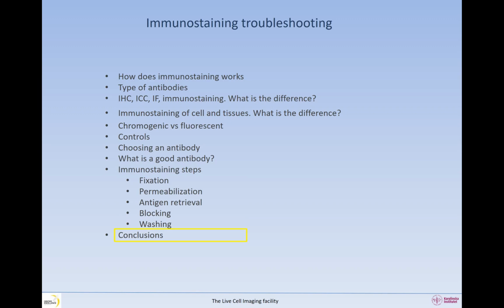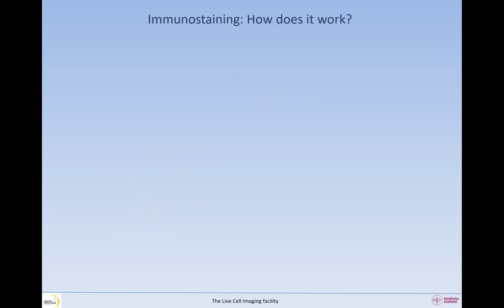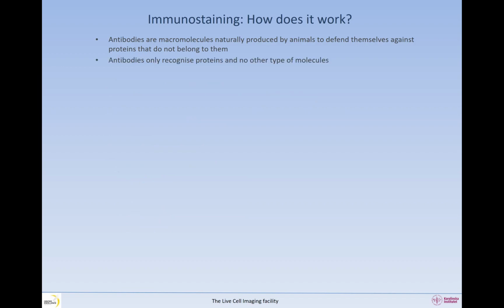So let's get started. How does immunostaining work? Antibodies are macromolecules that are naturally produced by animals to defend themselves against proteins that do not belong to them. And antibodies only recognize proteins, no other type of molecules.